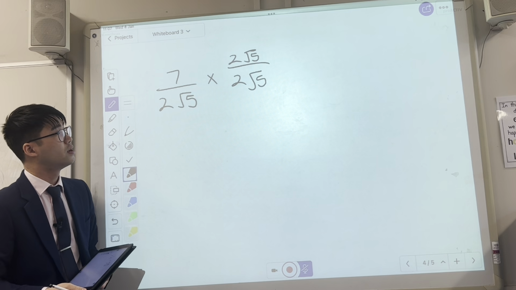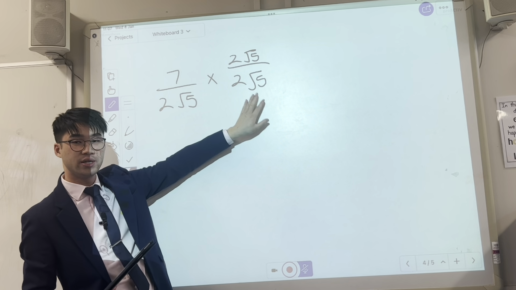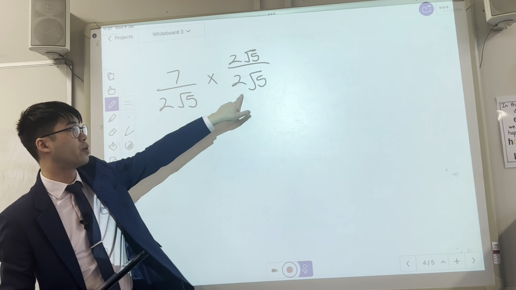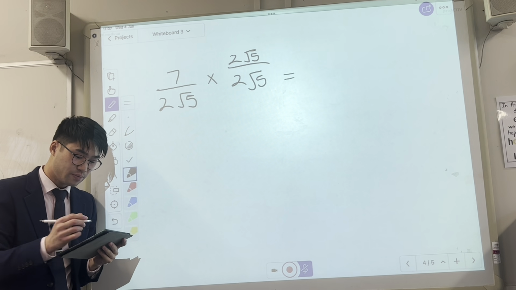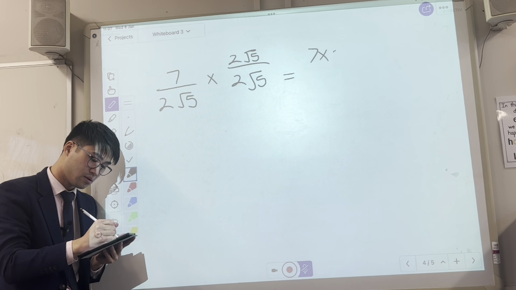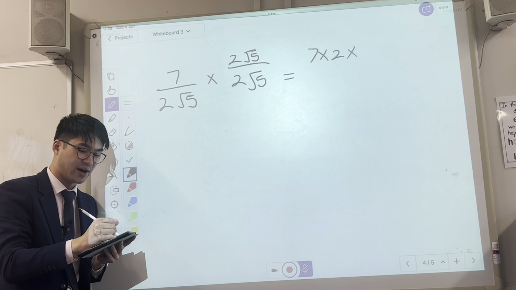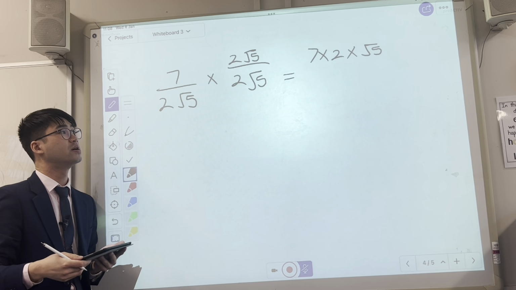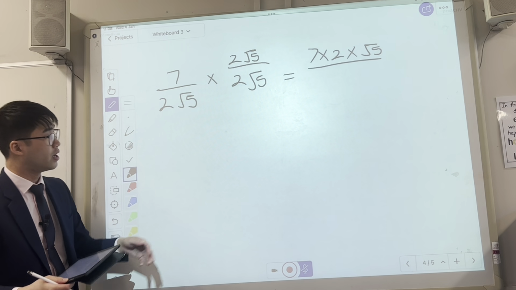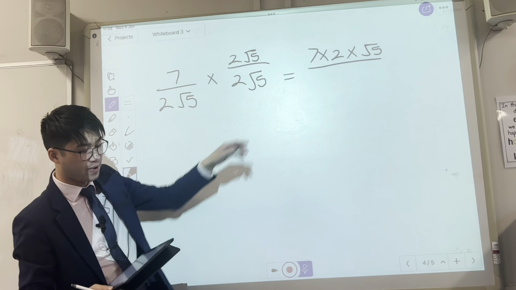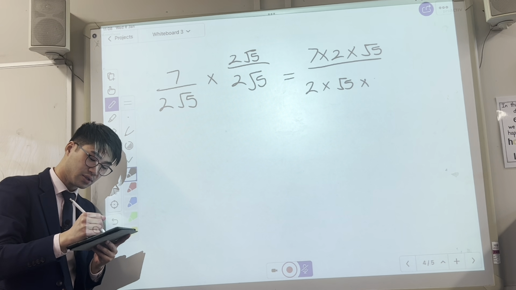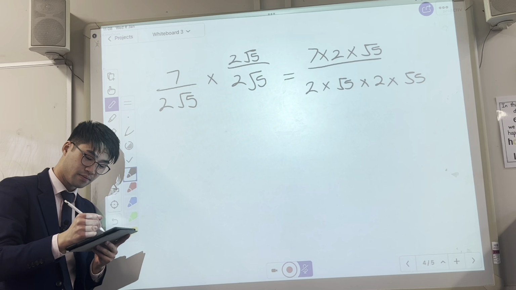And that's still 1, so this value is not changing. Now, this will become the same as 7 times 2 times root 5. I've split it up to make it a bit simpler. And then 2 root 5 times 2 root 5 is the same as 2 times root 5 times 2 times root 5.